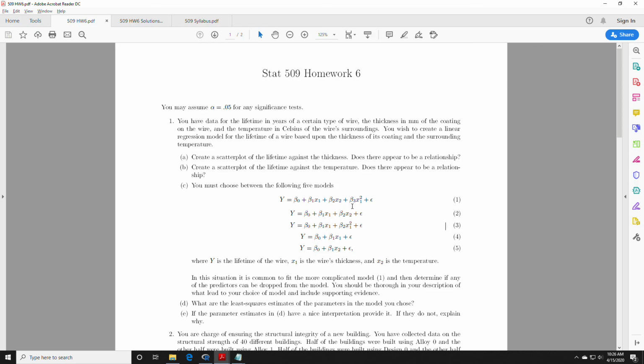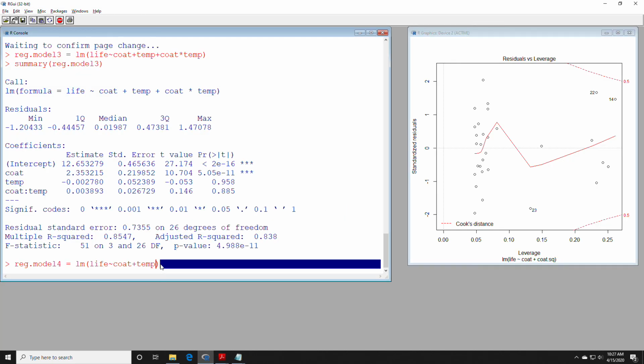The easiest thing to do would be to fit this, with those two predictor variables in the model. This is the simplest model we can do: beta naught plus beta 1 times x1 plus beta 2 times x2. That is the most simple model that contains these two predictors. So maybe that's the way we approached it, at the most basic simple level. And that would be this model here.